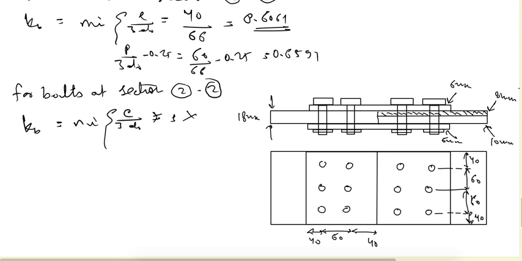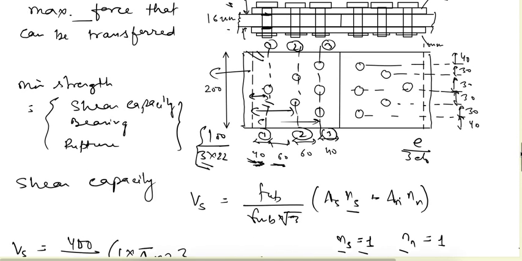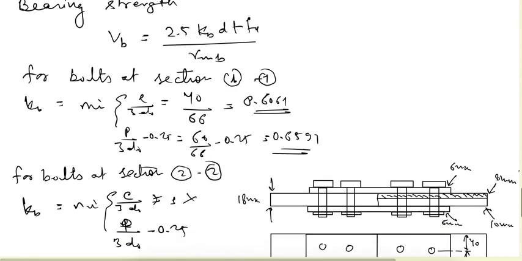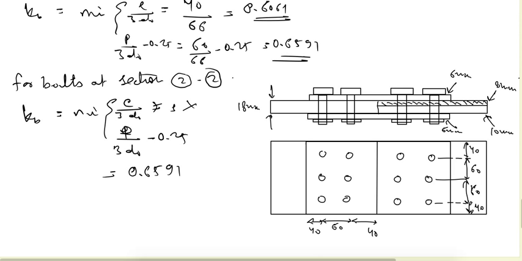Here it is governed by the other one, p upon 3d0 minus 0.25, and this value is the same as we calculated here, 0.6591. Similar is the case for section 3 also, because for this section the value of e will further increase. So for sections 2 and 3, this is equal to 0.6591.